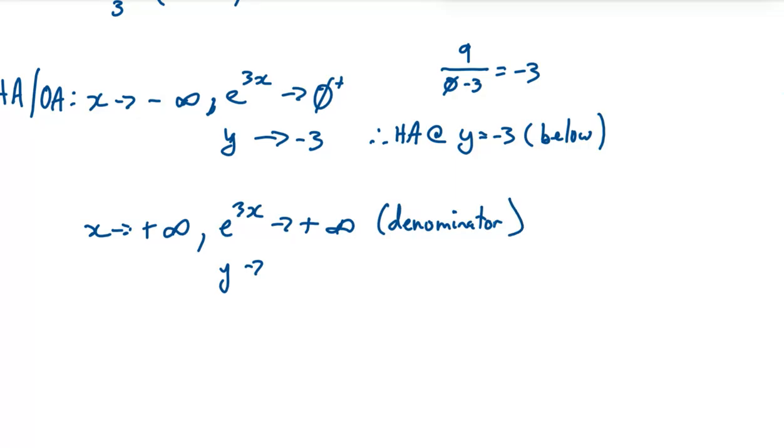So y goes to big number in the denominator, minus 3, who cares? Going to 0. And this one is from above. And again, I would just plug in 10, negative 10 to check those.